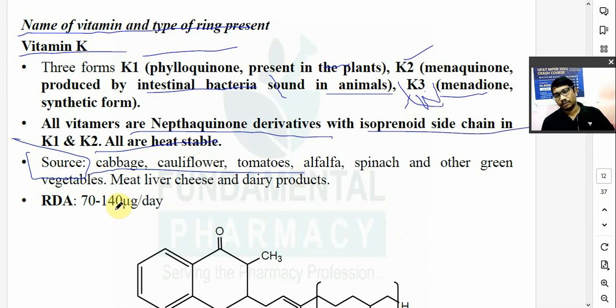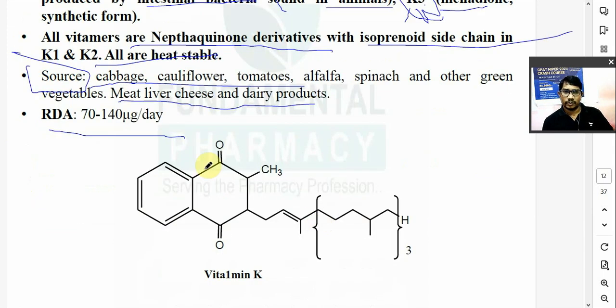Now you know that vitamin K is very important for your blood clotting because blood clotting factors are activated, and that activation is coupled with the oxidation of vitamin K. तो vitamin K का जो epoxidation होता है, that reaction is coupled with the activation of your blood clotting factors.